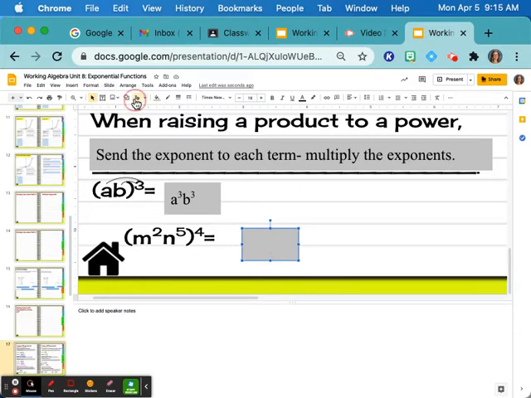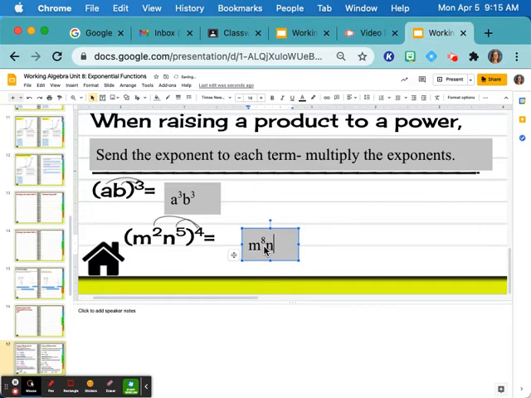So then the same thing is true here. We have m to the 2nd. So I'm going to send that 4 over to the m and then send the 4 over to the n. And I'm going to multiply their exponents. So m would be raised to the 8th power.